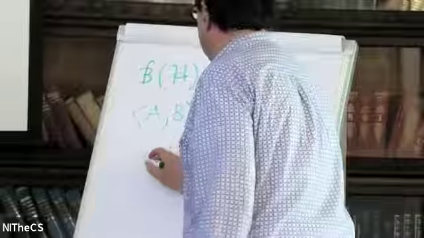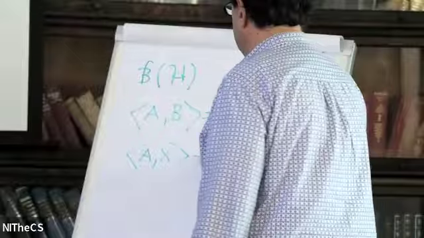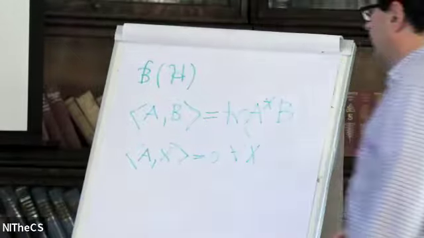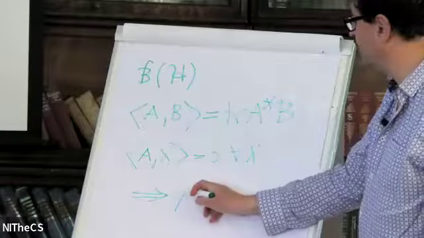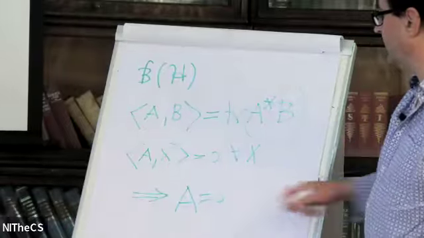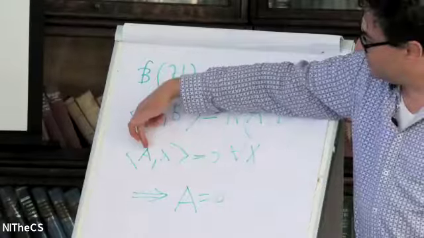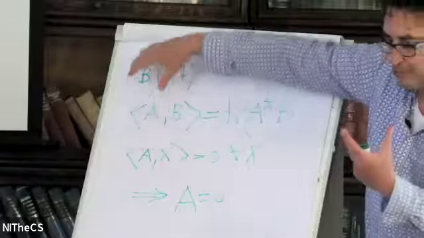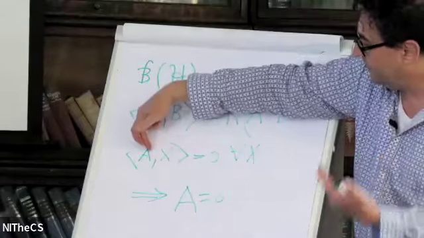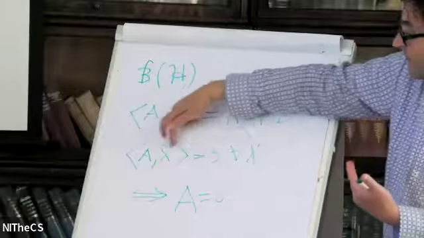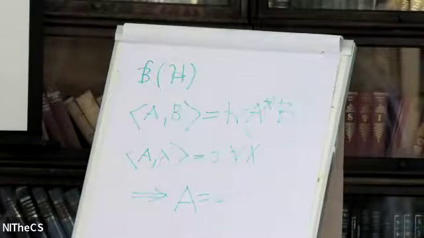So if you know that the trace of A star X is equal to 0 for all X, then by general properties, this means that A must be equal to 0. In any Hilbert space, if you have a special vector A, here it happens that the elements are now operators, but who cares, it's a vector space. If a vector A has inner product 0 with everybody, then the vector A has to be 0. That's what I'm saying there.